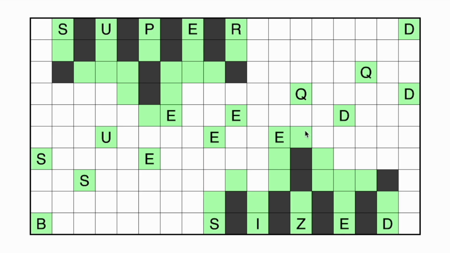Here, the I can't touch the E region, so that gets blocked off. And this U region can't touch this E region. The S region has to get out so that it can get to the other S's, so it's going to have to go through that little passageway there.